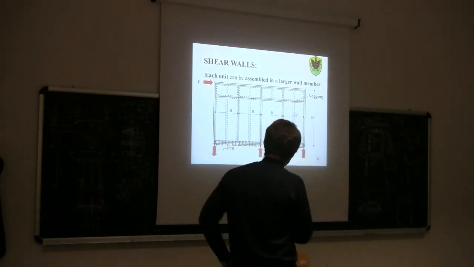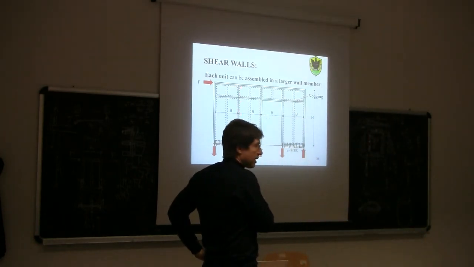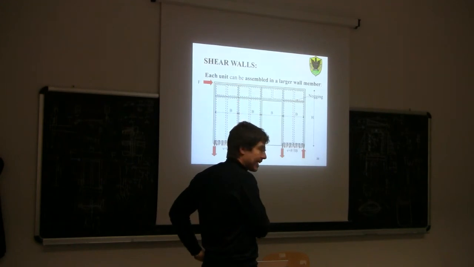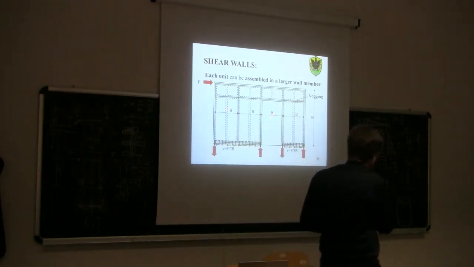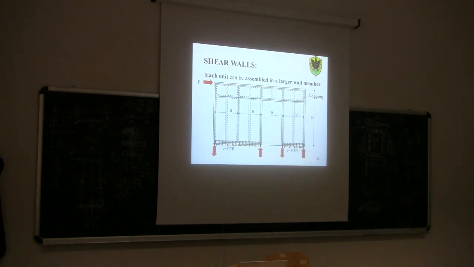Note that in this case we have 2 units, and this stud here, which is a stud between the 2 units, is actually not stressed with an axial force due to the horizontal force. So in the end, in this case we have 2 outer studs and 3 inner studs.